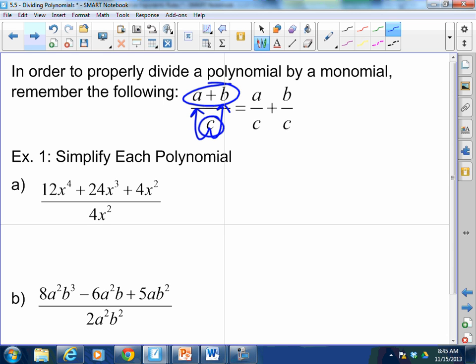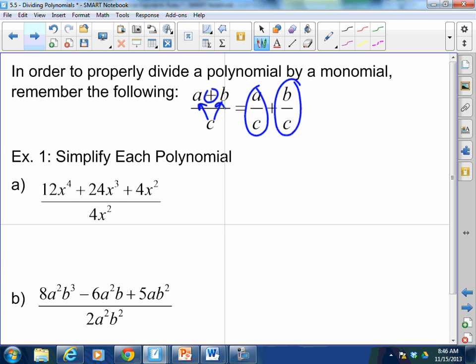So a plus b over c is going to equal a divided by c plus b divided by c. Okay? That bottom monomial gets divided to every single term of the numerator.